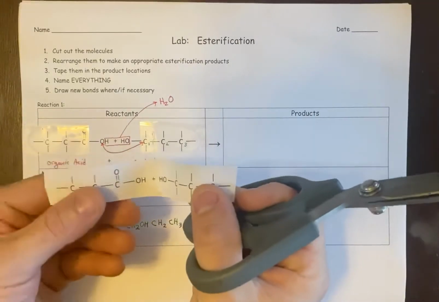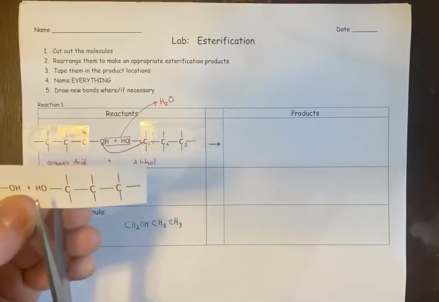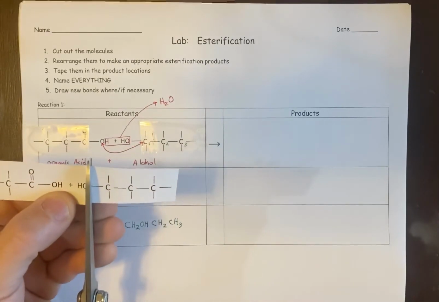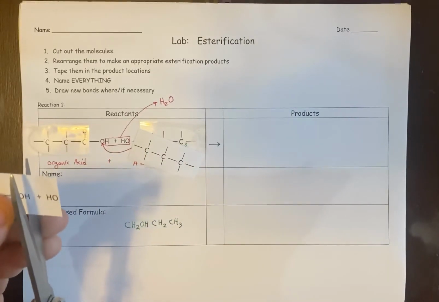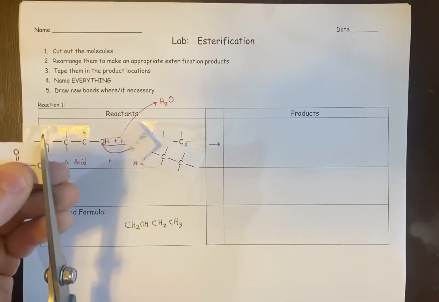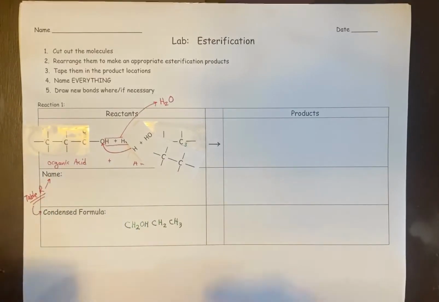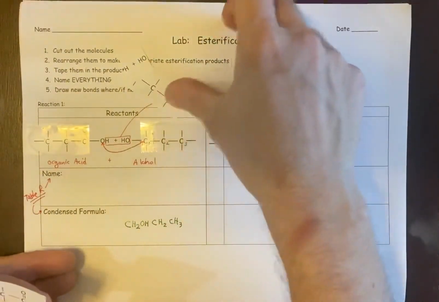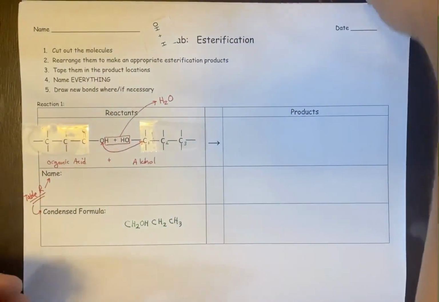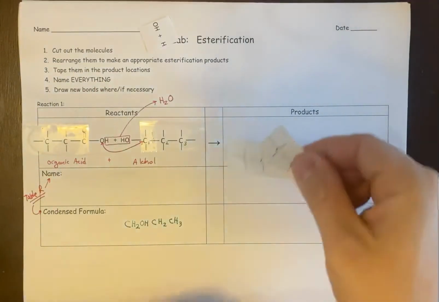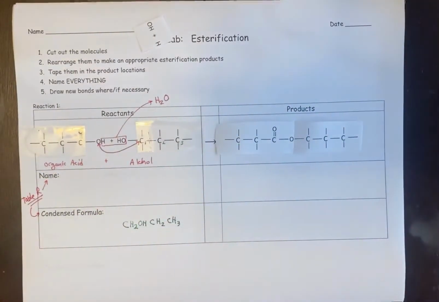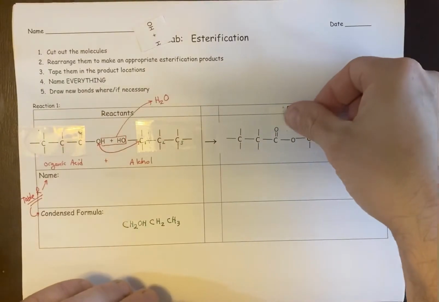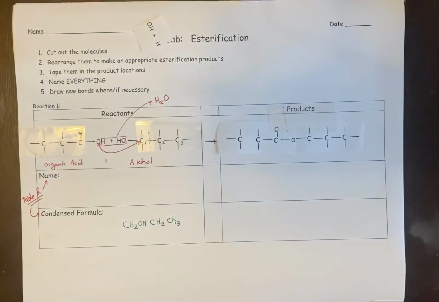Here's my molecule. I'm going to carefully cut the OH off my acid, or rather the OH off my alcohol and the H off my acid. Then I take what's left over and put them together just like that, and tape these down.